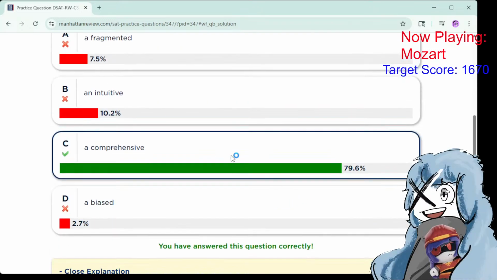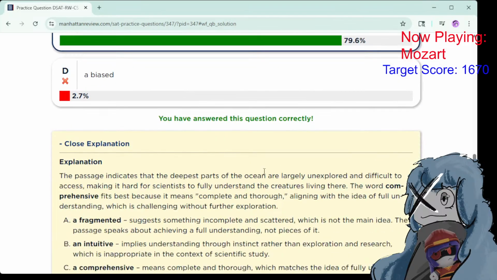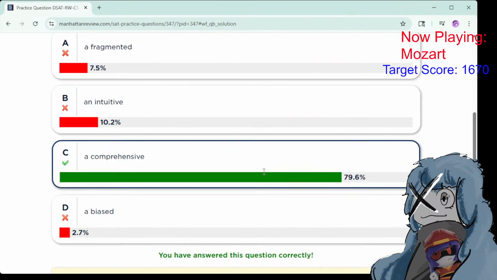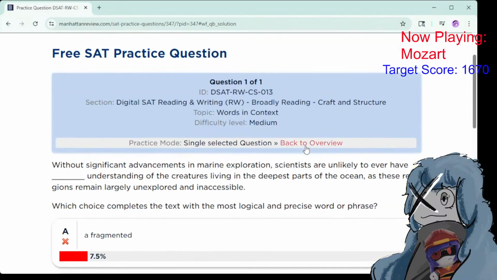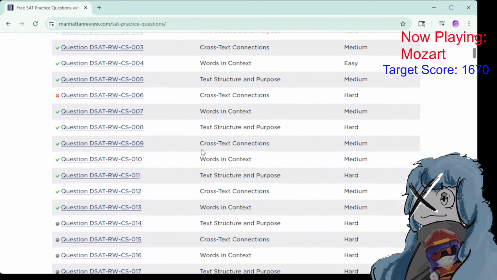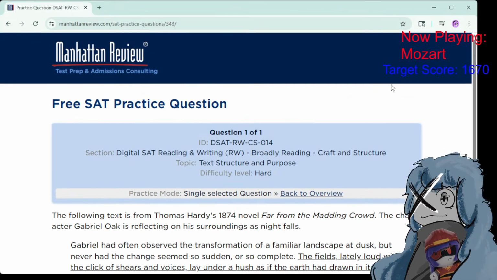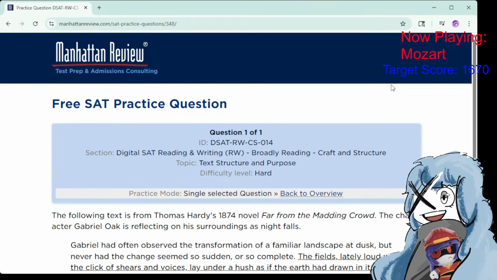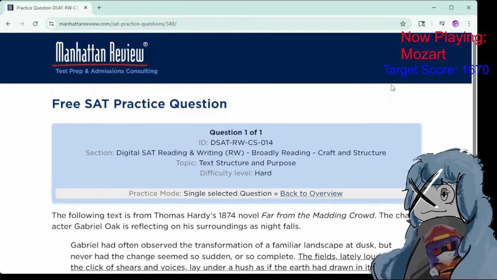Medium, whatever. We'll pick the next one, guys. Text structure and purpose. The following is an excerpt from Thomas Hardy's 1874 novel Far from the Madding Crowd.